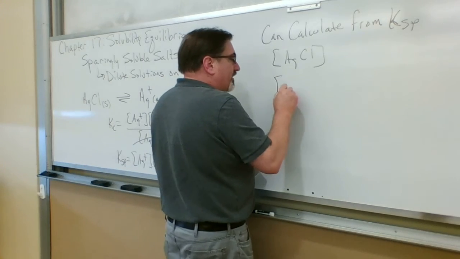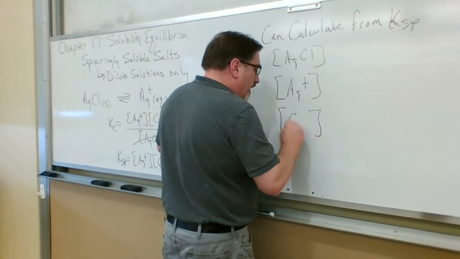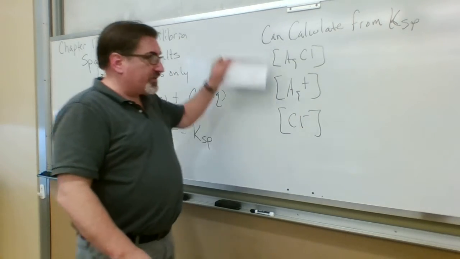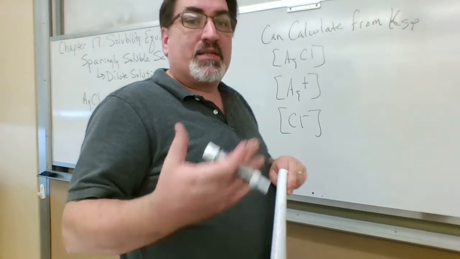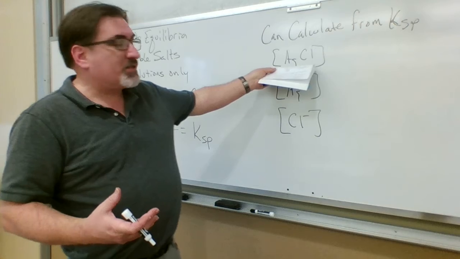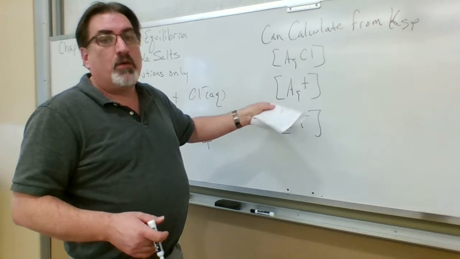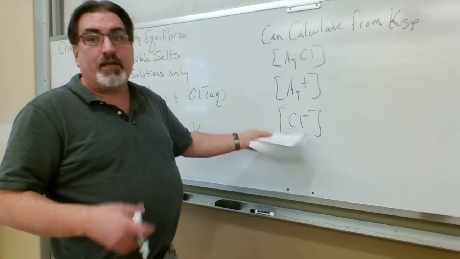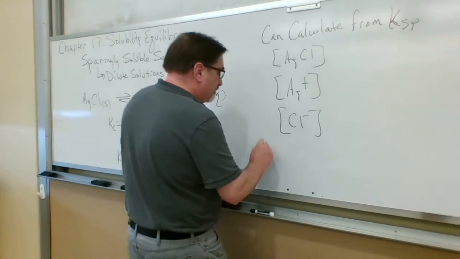We can also calculate the concentration of Ag+ and Cl- from all of that using stoichiometry. So as we work our examples, we're going to see situations where we calculate the molar concentration of the compound, or the molar concentration of the metal ion, or the molar concentration of the anion for those substances in a saturated solution.